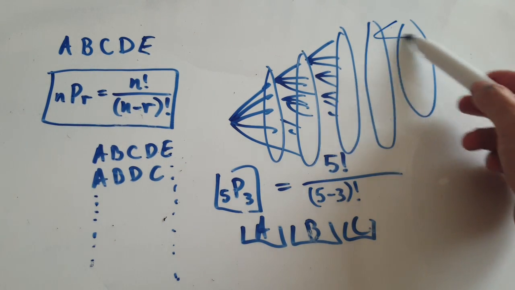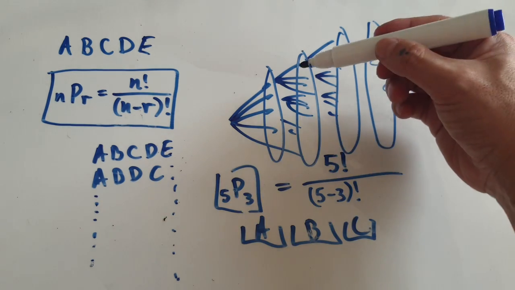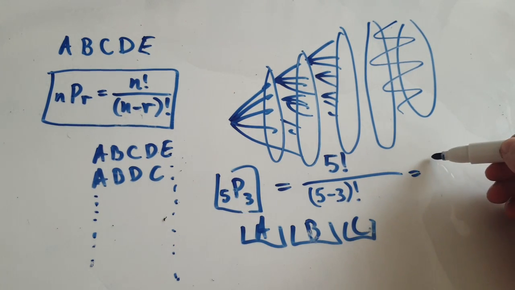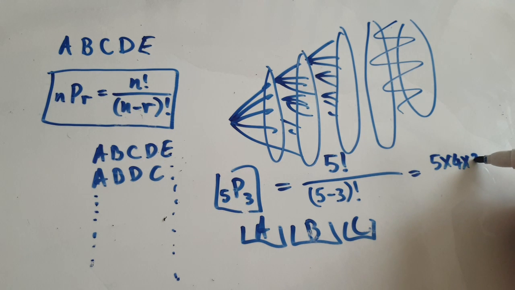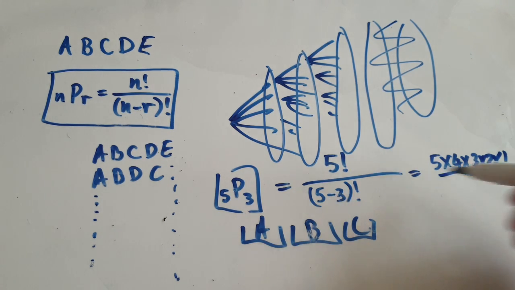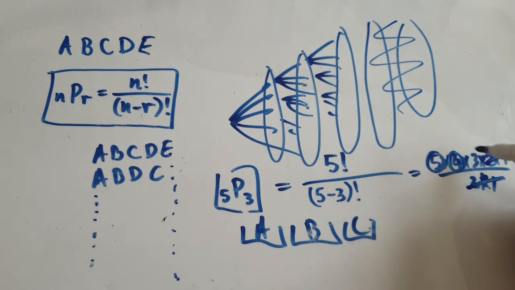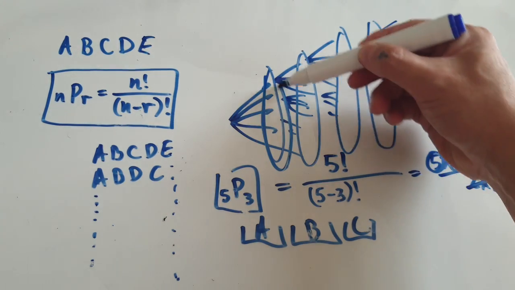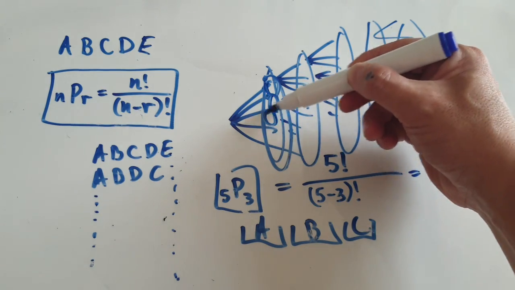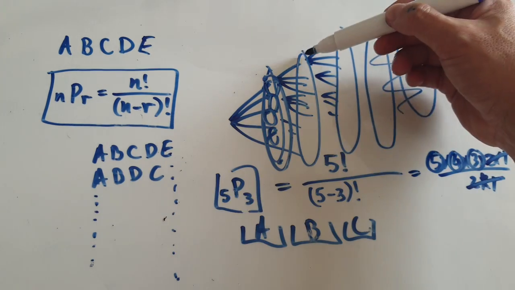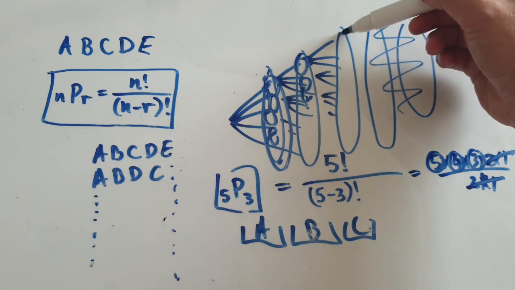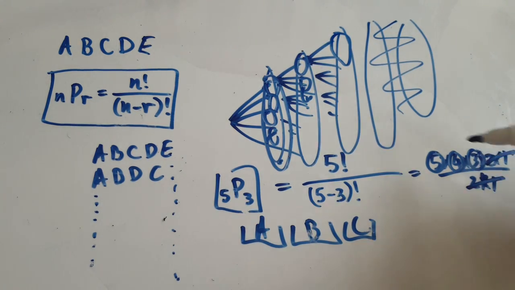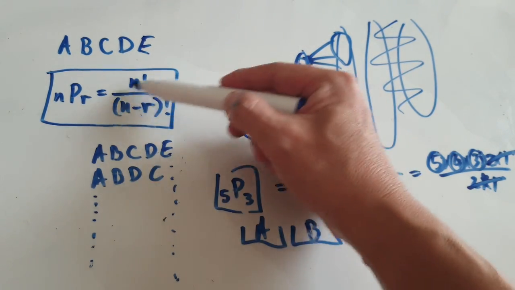That will discard these 2, leaving you with 5 times 4 times 3 times 2 times 1, divided by 2 factorial, which is 2 times 1. These 2 will cancel each other out, giving you 5 times 4 times 3, which is 5 lots, and then each lot will have 4, and each one will have 3, hence the 3 here. So that's the reason why you have this formula here. Okay.